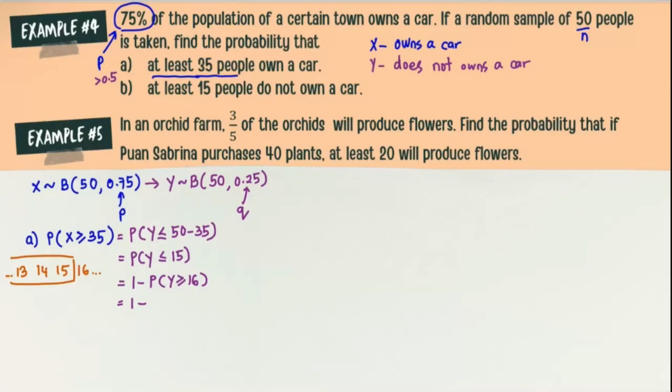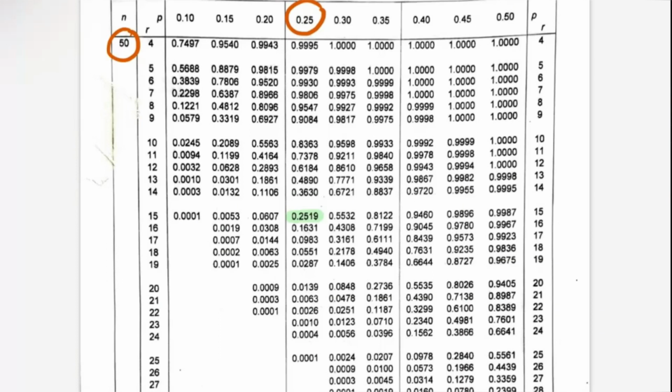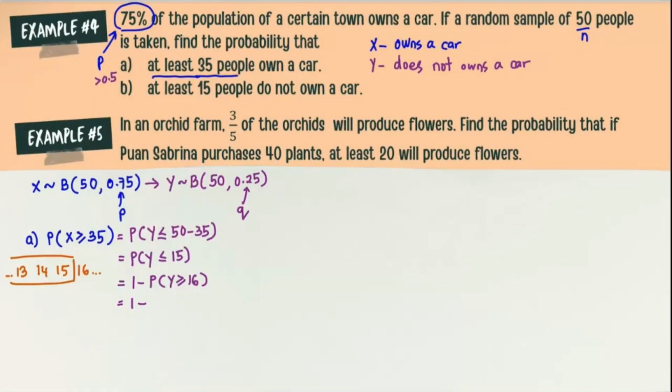We want Y greater than or equal to 16, which refers to this, 16. So this will be 0.1631. Then we can use 1 minus 0.1631 to get 0.8369. So this will be our final answer.